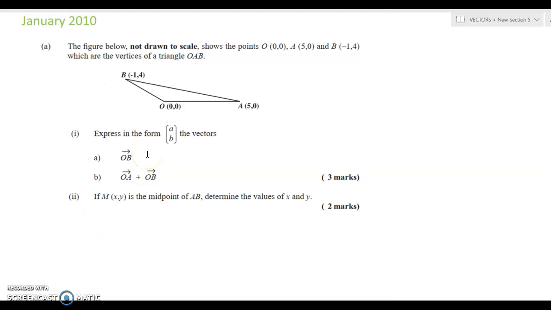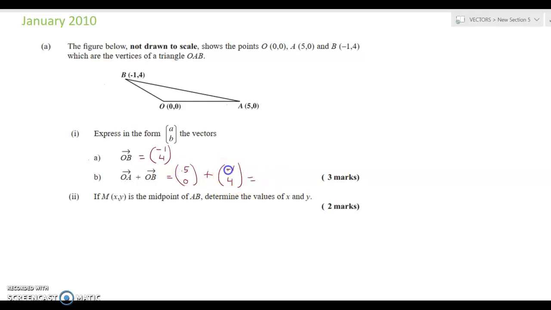So let's go now. OB, so point B is (-1, 4). OB would be, remember that's a position vector, so it would be negative 1 on top, 4 coming down there. And then for the second part B, we want AO plus OB. So AO is (5, 0) plus OB, which is (-1, 4).